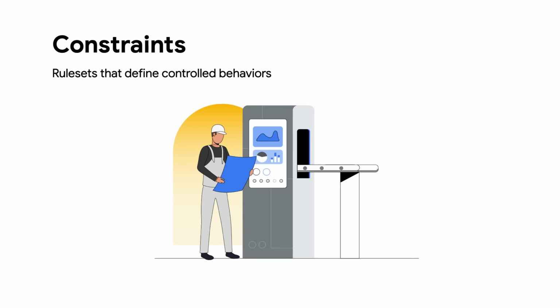Organization policies are made up of guardrails or constraints that allow you to set yourself up well for security and compliance. Think of the constraints as an intent or rule set that defines what behaviors are controlled. This rule set is then applied to a resource hierarchy node as an organization policy, which implements the rules defined in the constraint.